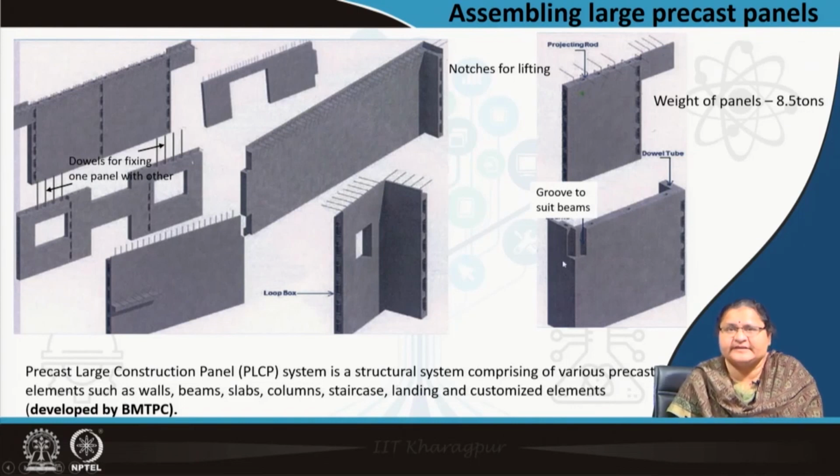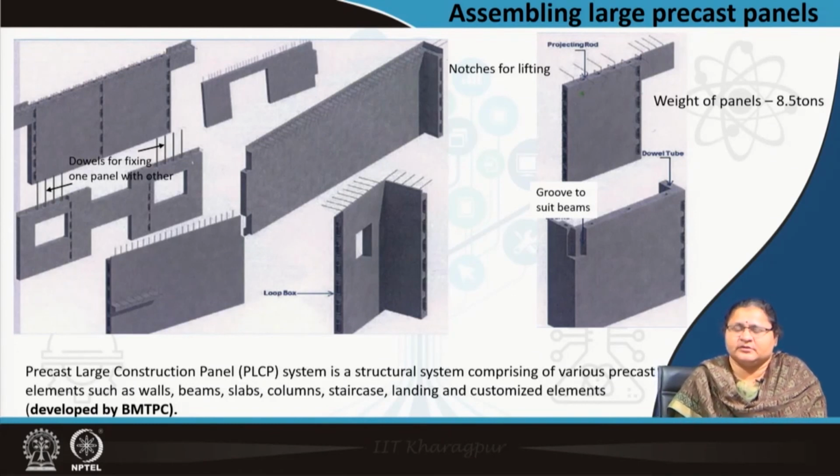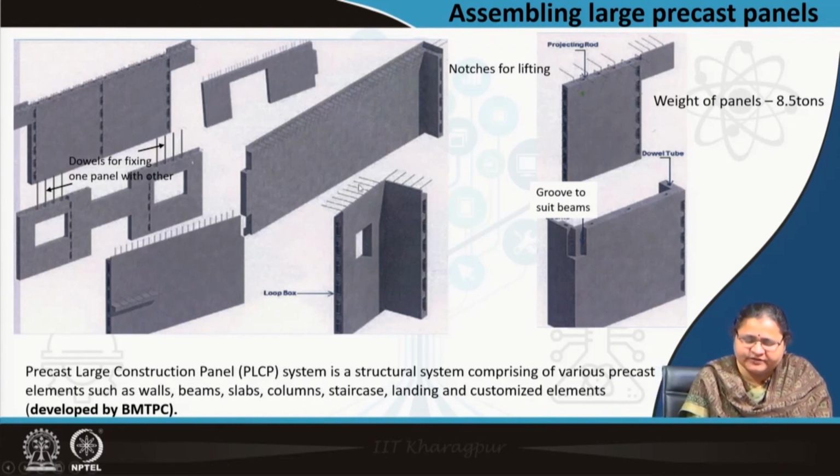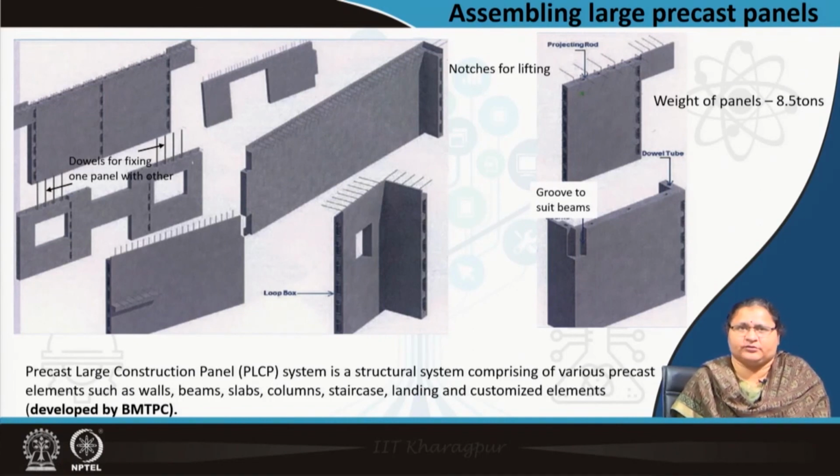So, it may receive a beam also, which is precast, which we will discuss in our next lecture. You can have projecting rods to receive a floor slab. So, till now we were discussing the panels which are sitting on this structural system, but here we can see there are provisions of plugging in beams, columns, receiving them, and you can actually carry on.